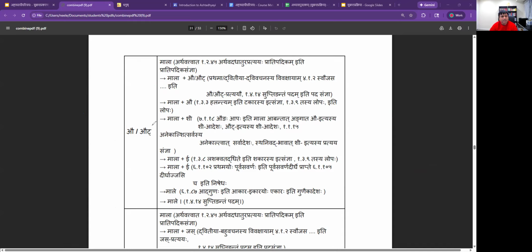Therefore paratvat you can say either of the sutras is okay, but the Dirghajjasi sutram is not designed for this use case. It is designed for real Dirgha words like Nadi and so on. But it is used over here. Not Nadi, Papi and so on, right? Dirghat Jasi, where it is used on Nadi, Papi, both these cases.